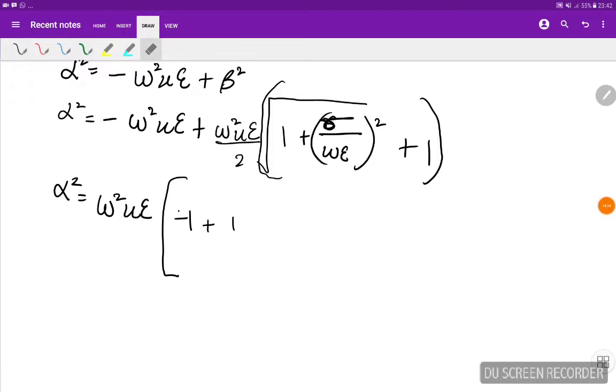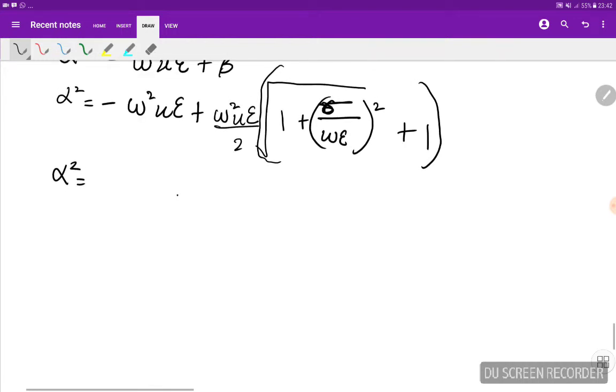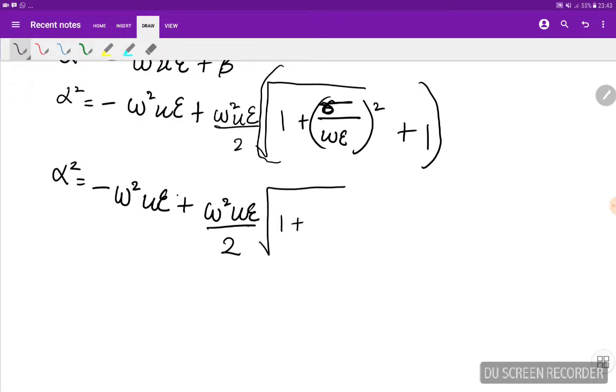Now if I open the bracket fully, I'll get minus this plus this over 2 square root of 1 plus conductivity over ωε squared.